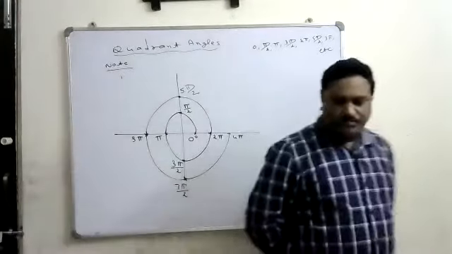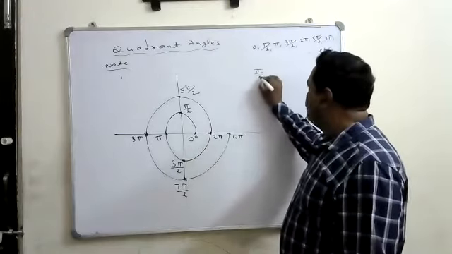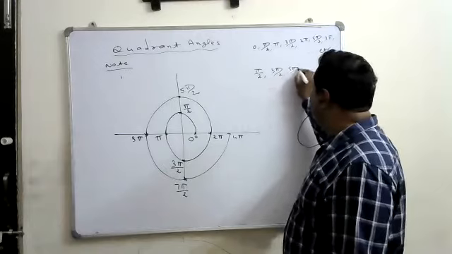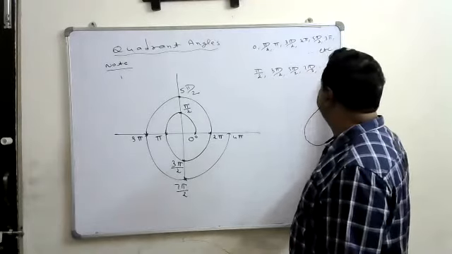That is pi by 2, 3 pi by 2, 5 pi by 2, 7 pi by 2, etc.